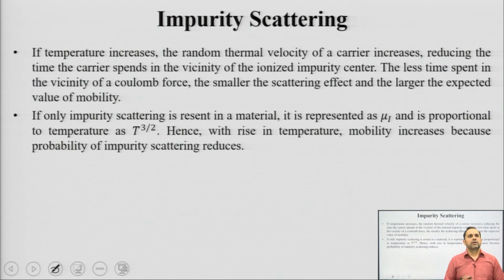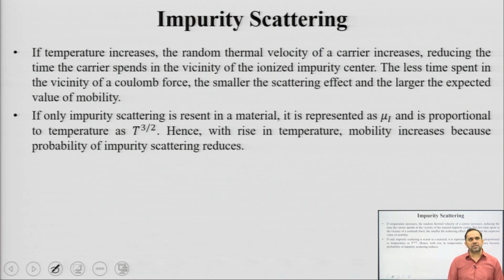If temperature increases, the random thermal velocity of a carrier increases, reducing the time the carrier spends in the vicinity of these ionized donors or acceptors. Less time spent basically means less Coulombic attraction, a smaller scattering effect and larger mobility.